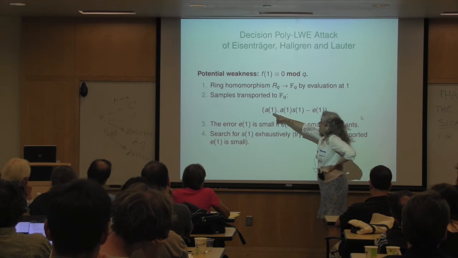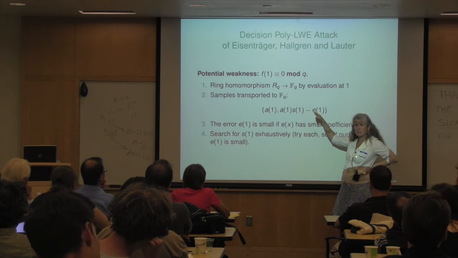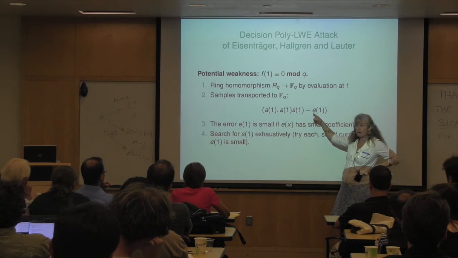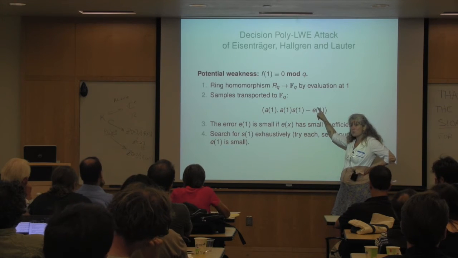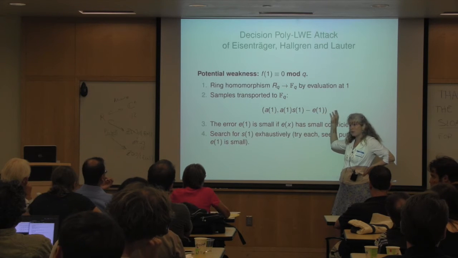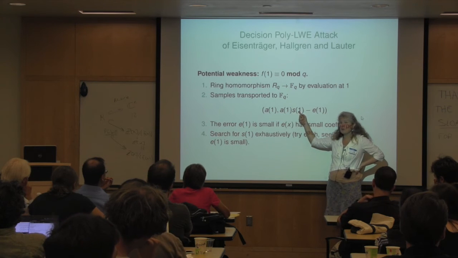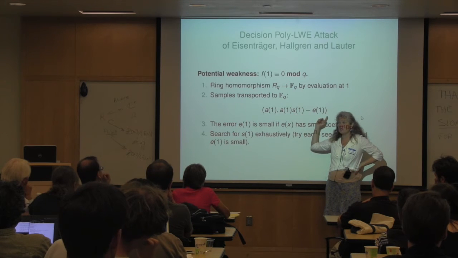You know a of 1, and it's key to remember that the coefficients of e were chosen to be small mod q, so e of 1 is also very small, close to 0, if you forget that we're doing things mod q. The only thing you don't know here is s of 1. But there are only q possibilities for s of 1, so you can guess them and check.